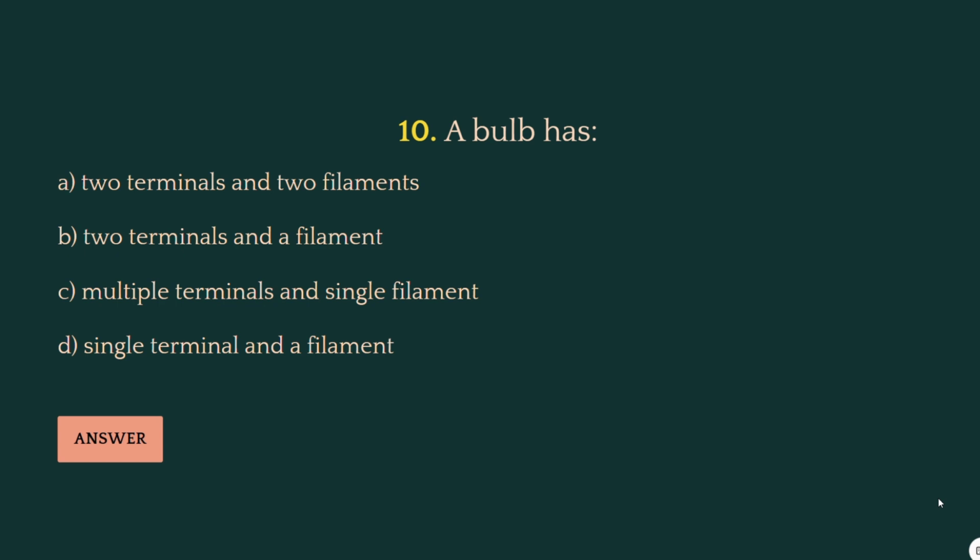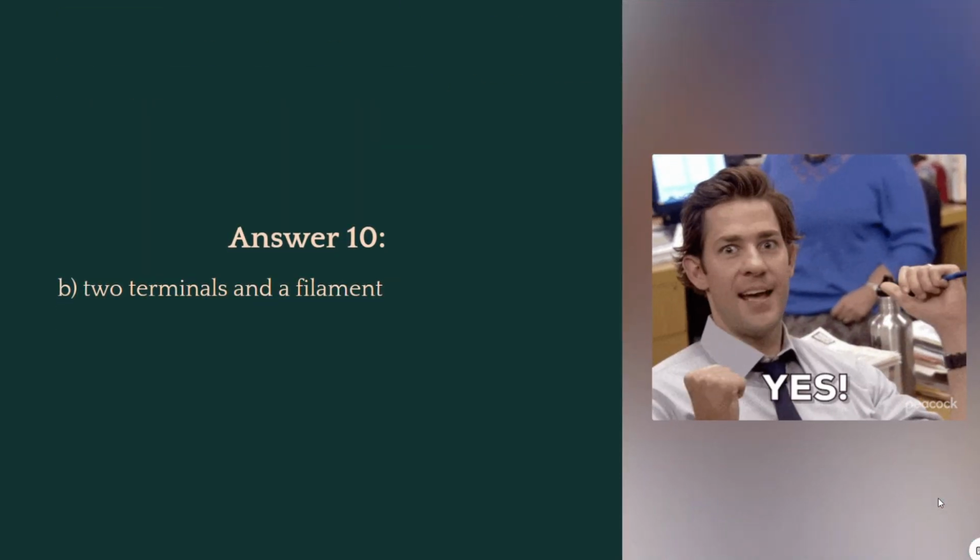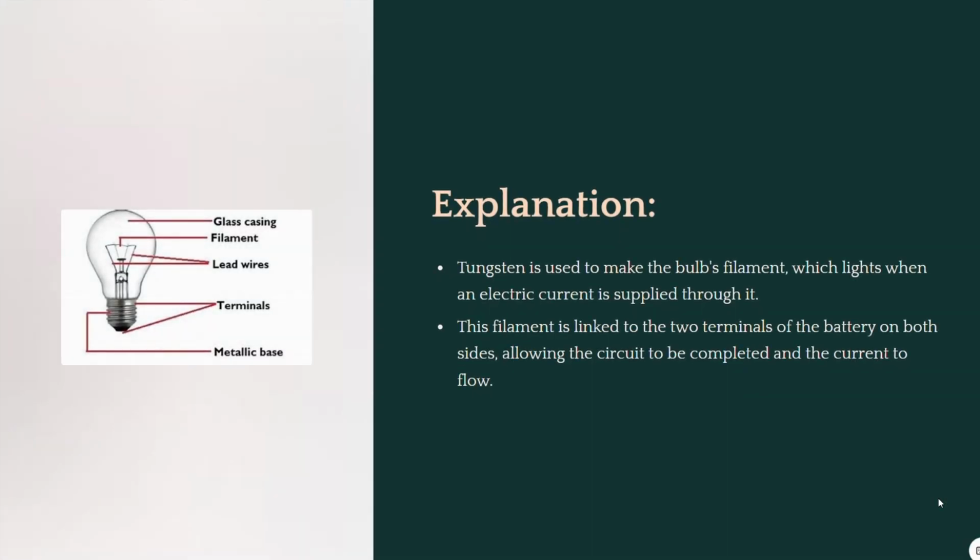The correct answer to this question is 2 terminals and a filament. So tungsten is used to make the bulb's filament, which lights when an electric current is supplied through it. This filament is linked to the 2 terminals of the battery on both the sides, allowing the circuit to be completed and the current to flow.